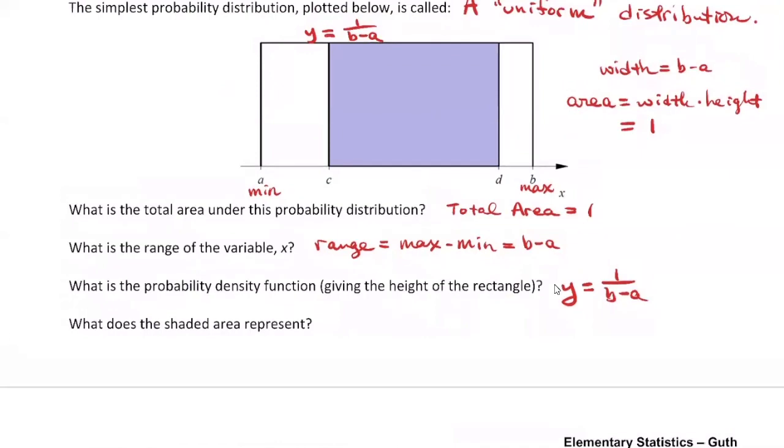This shaded, that's a probability. Areas are always probability. This would be the probability that the randomly selected value x is between C and D. So C less than or equal to x less than or equal to D is how we'll represent that. That's just the shaded area. Any questions?